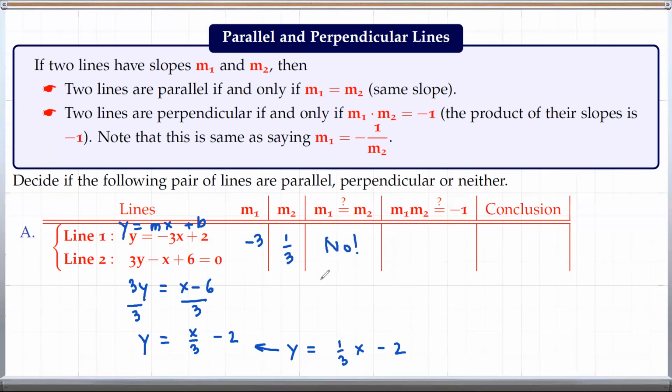So they are not parallel since M1 is not equal to M2. The next question we ask is if their product is -1. So we can quickly calculate their product and see if we get that to be -1. And -3 times 1/3 is definitely -1. So this is true. That means the second condition here, this one is true. That means the lines are perpendicular.